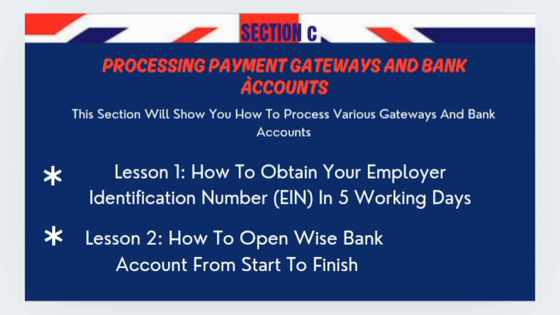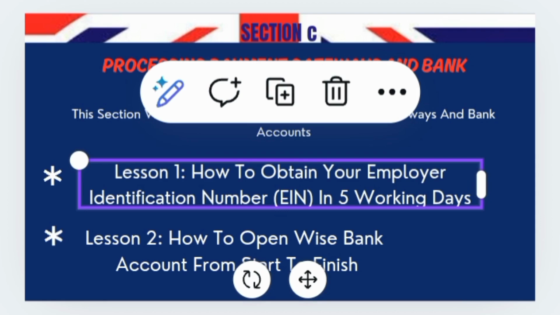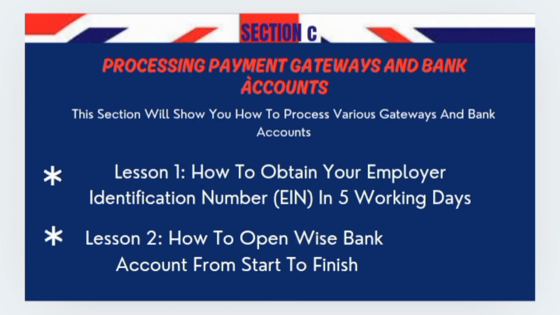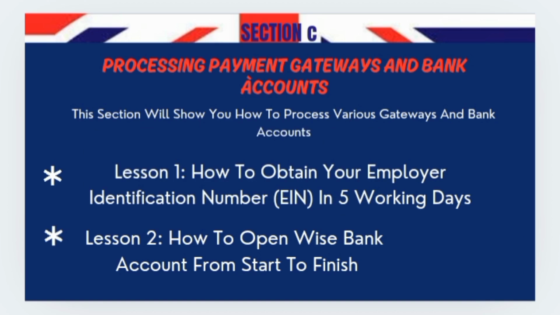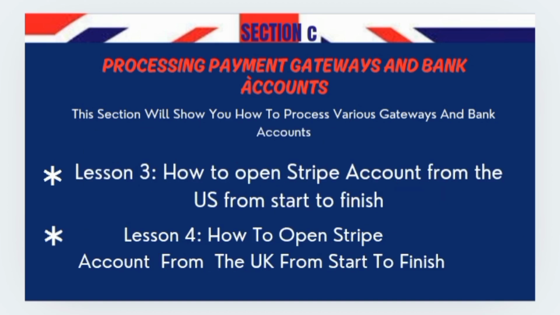Lesson 1, you're going to learn how to obtain your employer identification number, which is your EIN, in 5 working days. Lesson 2, how to open a Wise bank account from start to finish. Lesson 3, how to open a Stripe account from the US from start to finish.